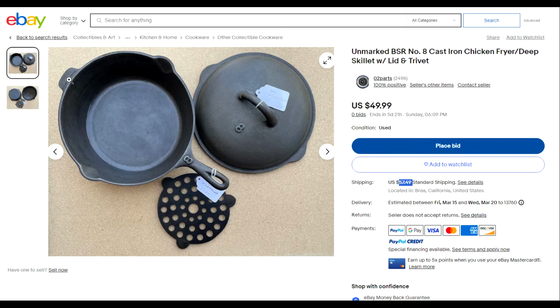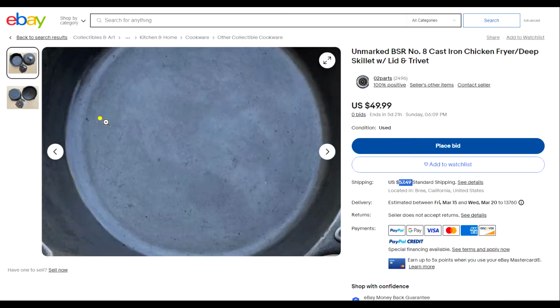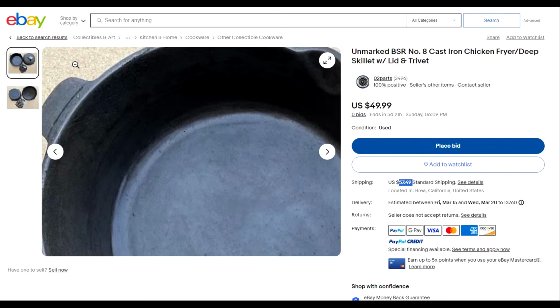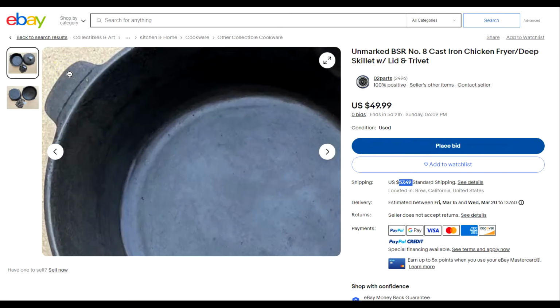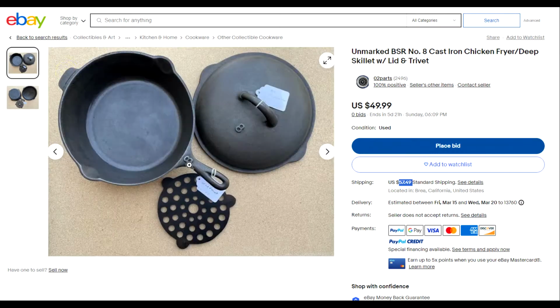Look at this interesting lifting handle here on the end. Let me move up here. It's got this weird looking handle. But other than that, I would definitely call this the markings of a Southern mystery skillet, even though the seller is in fact in California. Helper tab, pour spouts.